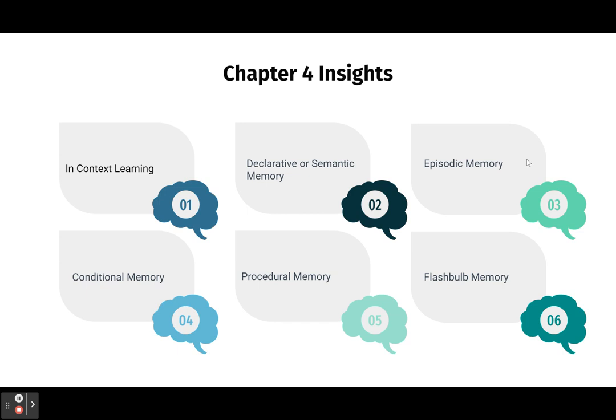Long-term memory, however, involves making multiple connections to a subject, like creating multiple shelves for a particular topic. Dirksen also introduces the concept of shelves that we discussed to illustrate how multiple connections contribute to long-term memory. Each connection has its own shelf, and the more connections that we can make, the more likely we are to remember them. And she emphasizes the importance of in-context learning and introduces various types of these memories all throughout chapter 4.